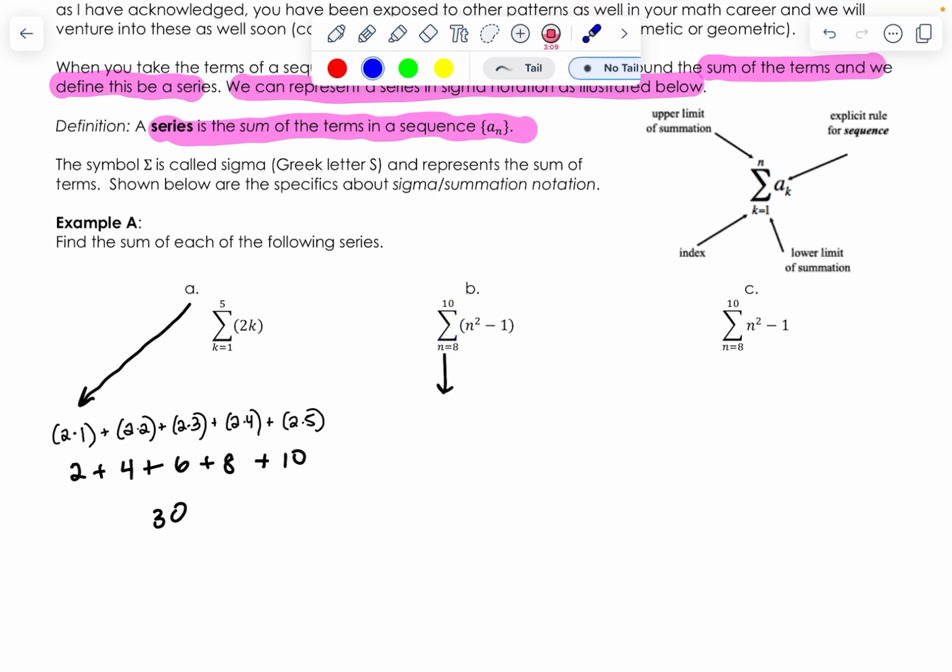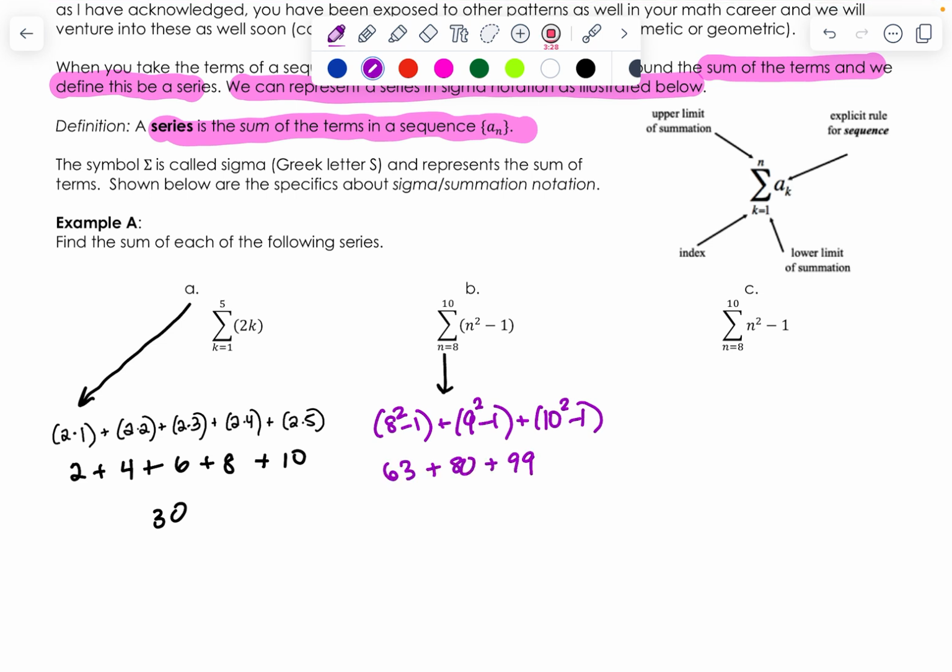That means I'm going to plug in n is 8, then n is 9, and then n is 10. So this is going to be 8 squared minus 1 plus 9 squared minus 1 plus 10 squared minus 1. So that's 63 plus 80 plus 99. When you add these up, you should get 242.